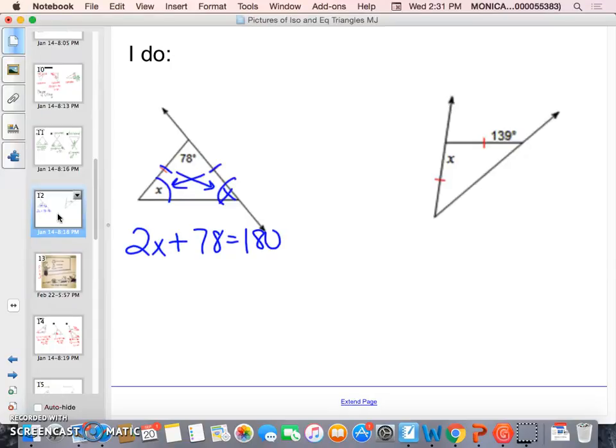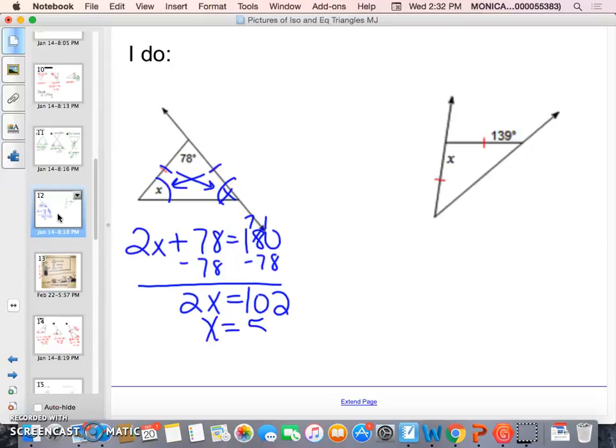So I'm going to subtract out that 78. And I'm going to get 2x equals 102. So therefore I know x is going to equal 51.